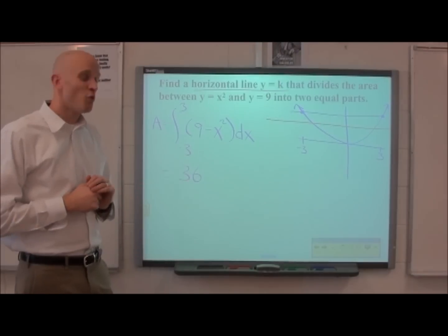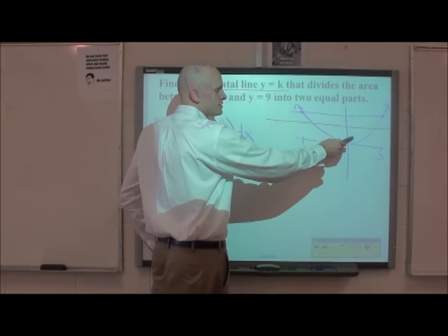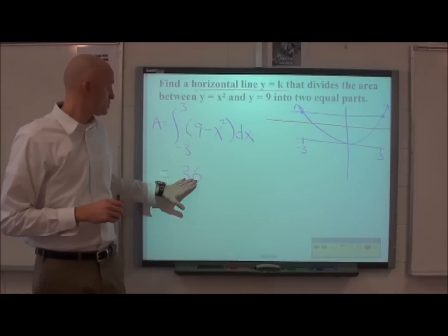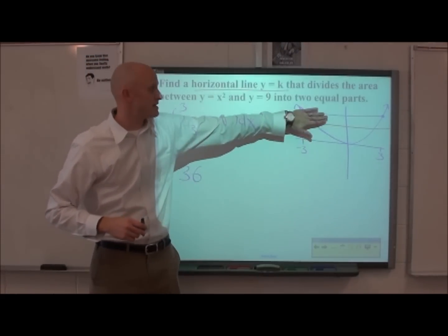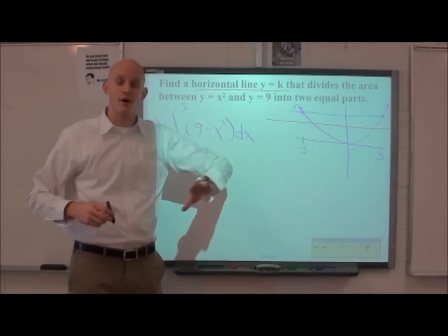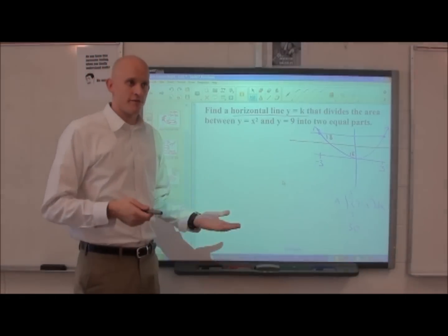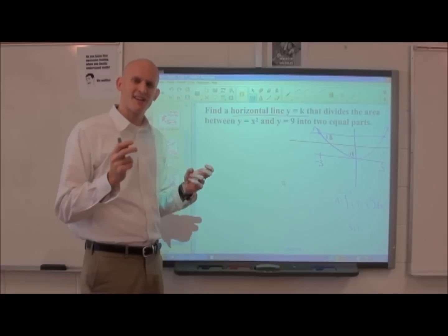So, what we're looking for is some area so that these two things are equal in area, which means if it's 36, that means 18 square units need to be above the line, and 18 square units need to be below the line. We're going to need to deal with some sort of integrals, and that's what we'll set up, and we'll use an upper and lower limit that will be kind of tricky.